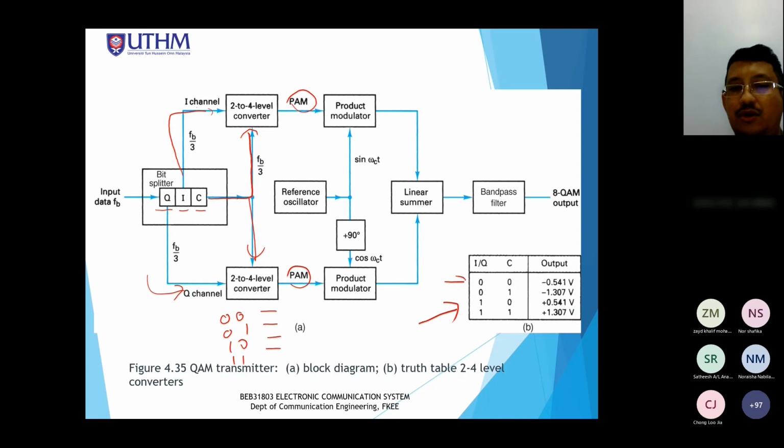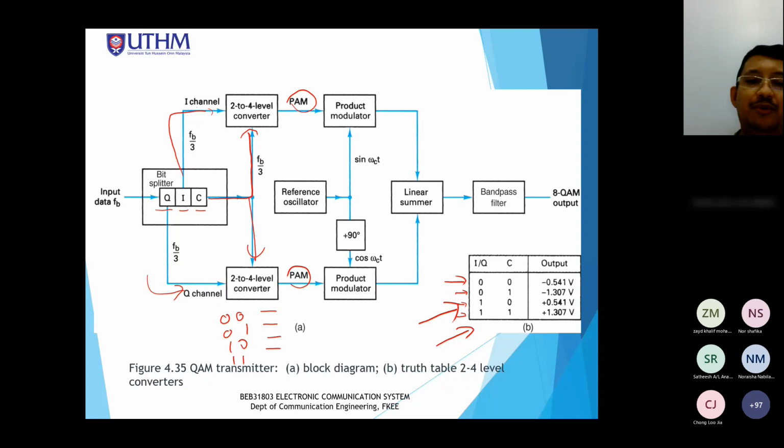For example, input logic 0, 0 produces negative 0.541 volt. Input 0, 1 produces negative 1.307. Input 1, 0 produces positive 0.541. Input 1, 1 produces 1.307.